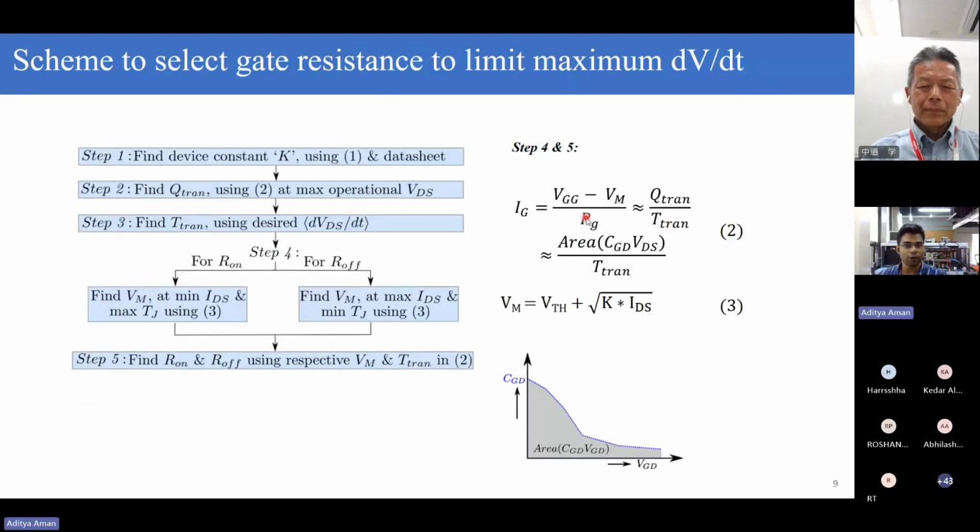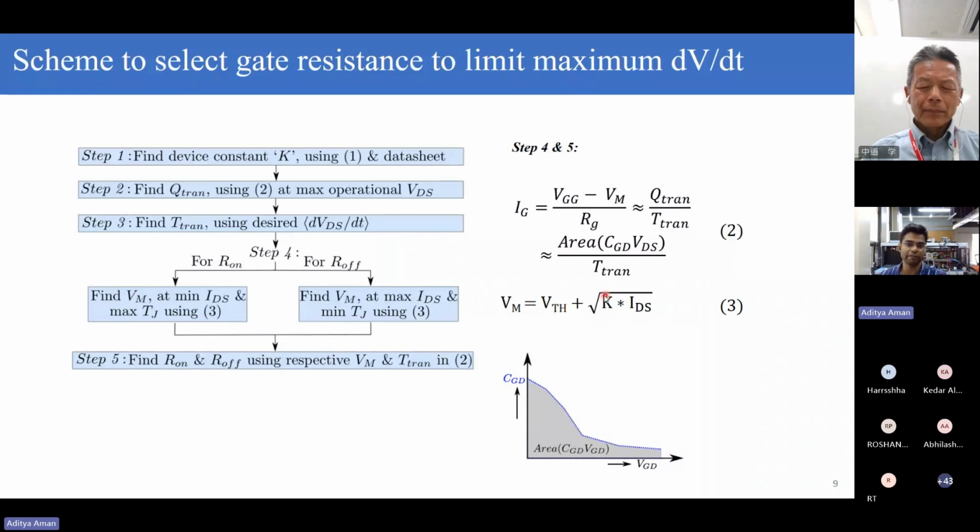Next comes the value of R on and R off. For determining R on and R off, you need to determine the value of Vm, right? Because you have the values of Q transition and T transition, therefore you have the value of Ig, and you always have the value of VGG, like 15 volt or minus 5 volt. So the only quantity left here is Vm. Now this Vm can be evaluated from this particular equation.